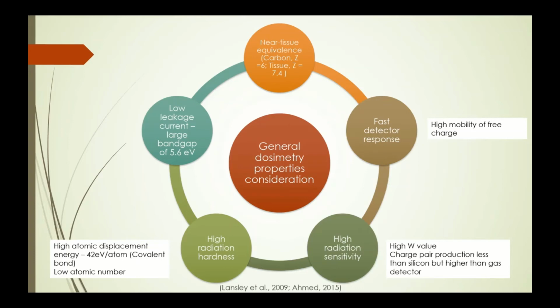On the right bottom, you see that diamond has high radiation sensitivity, which arises from its high W value. Although charge pair production of diamond is lower in comparison to silicon, it is higher than gas detectors.